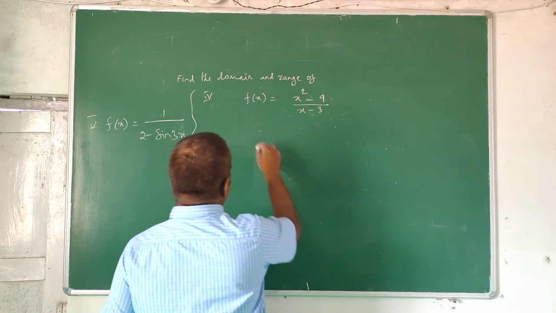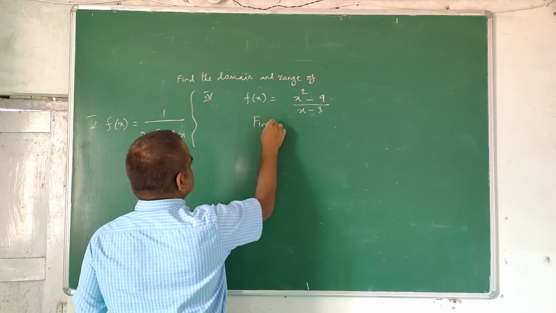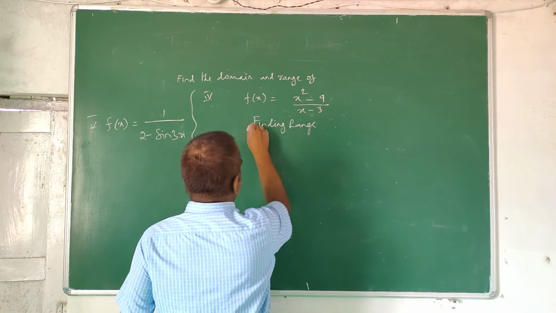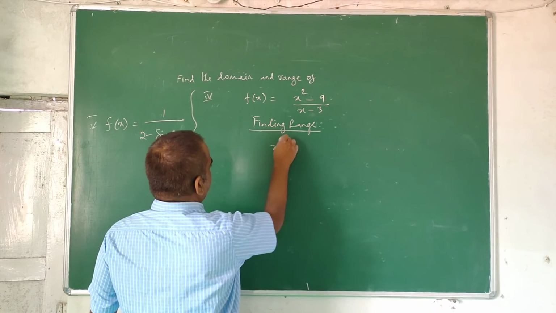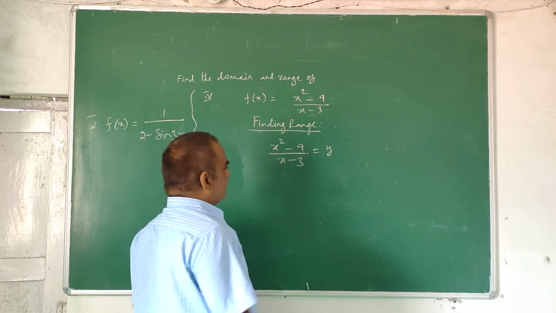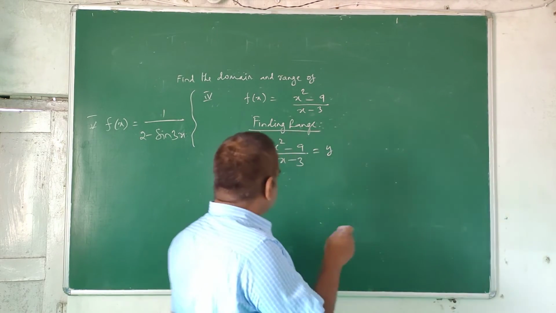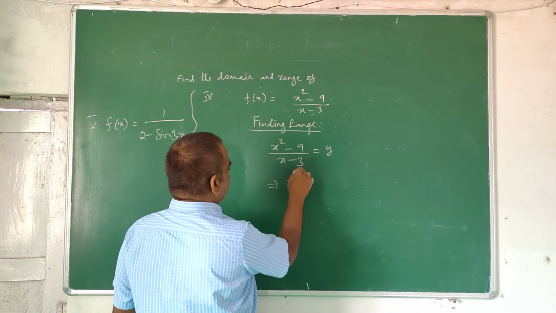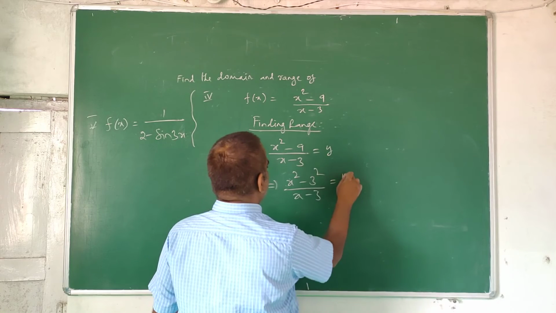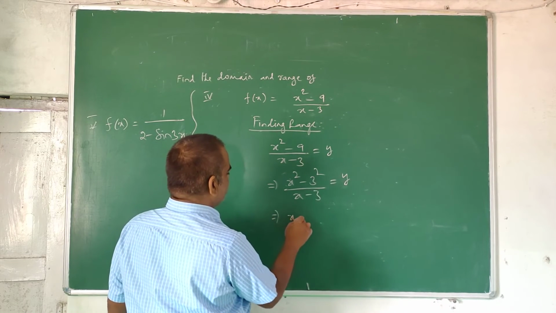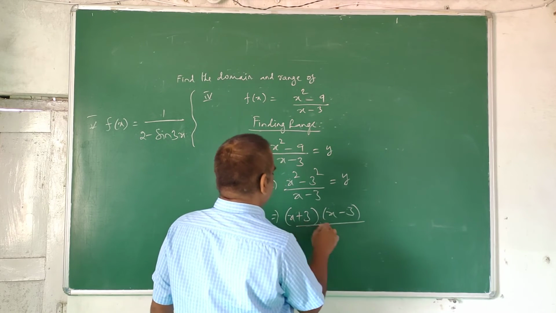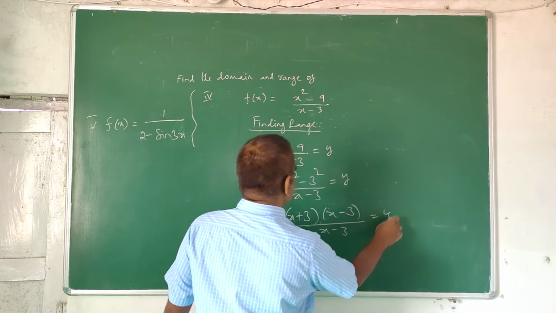So now range. To find range, x square minus 9 by x minus 3 say equal to y, which implies x square minus 9 is 3 square by x minus 3 is equal to y, which implies x plus 3 into x minus 3 by x minus 3 equal to y.